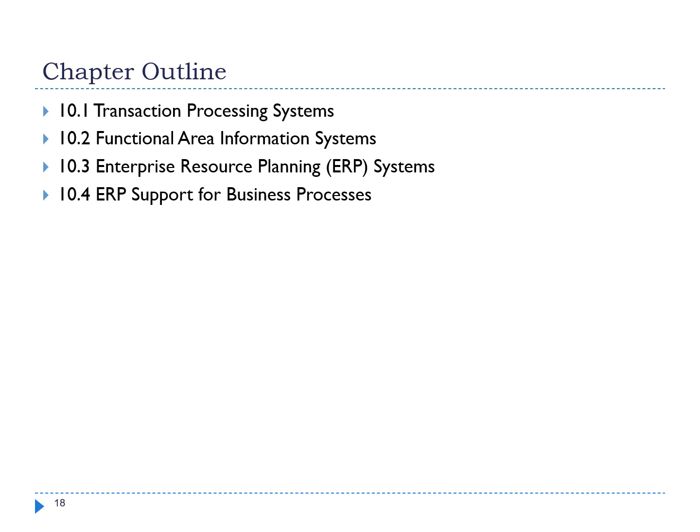Functional area information systems support different functional areas. ERP systems support the entire organization. And then we talked about how ERP systems support different business processes, cross-functional processes, and also intra-organizational and inter-organizational processes.